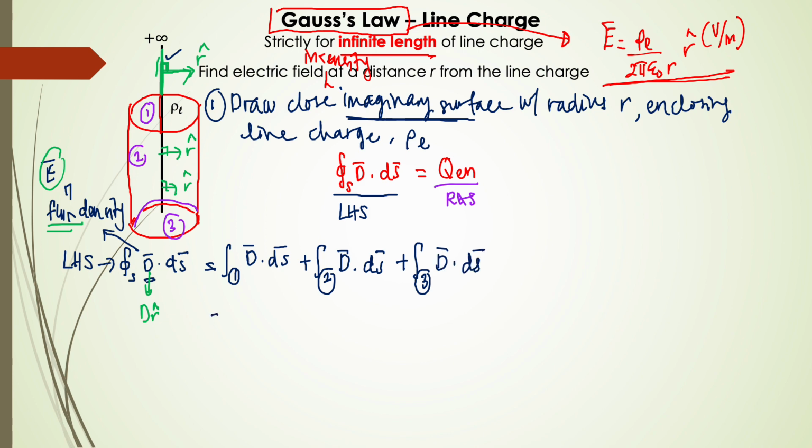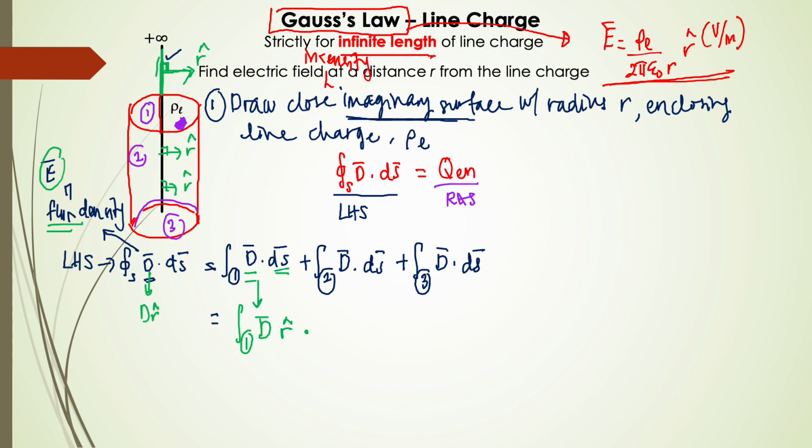Okay, so now we already know our D is in R direction. So for surface number 1, the D is in R direction, dot product with the dS on surface number 1. So where is the dS for surface number 1? You need to take any sample, anywhere, as long as the sample is located on surface number 1.